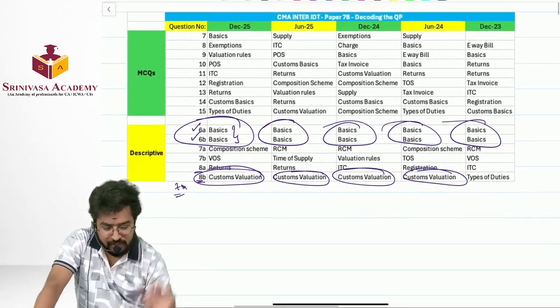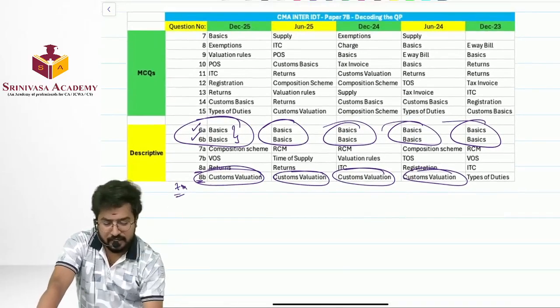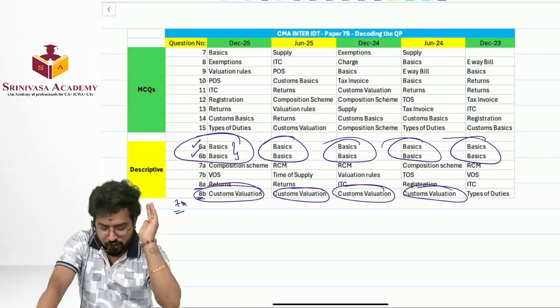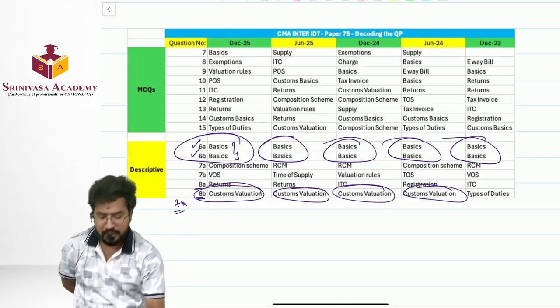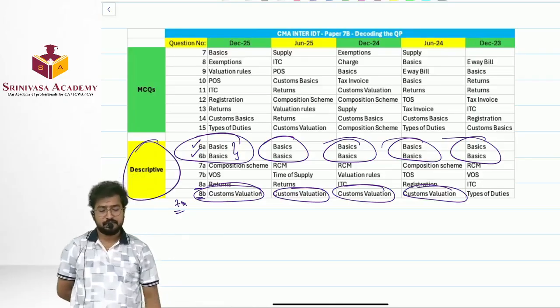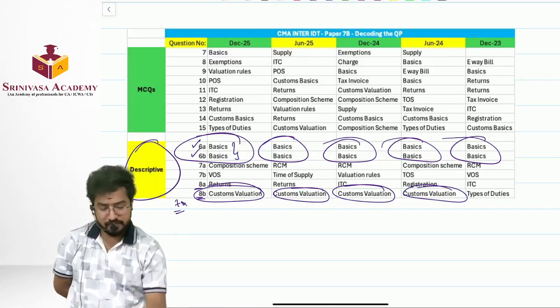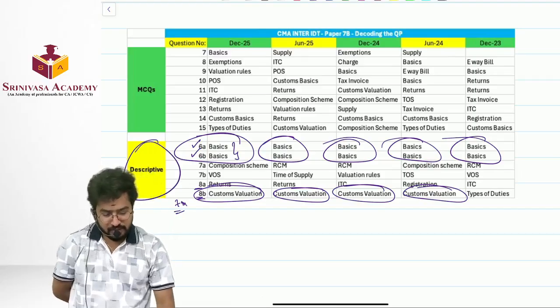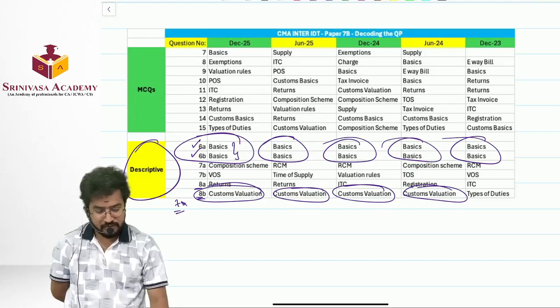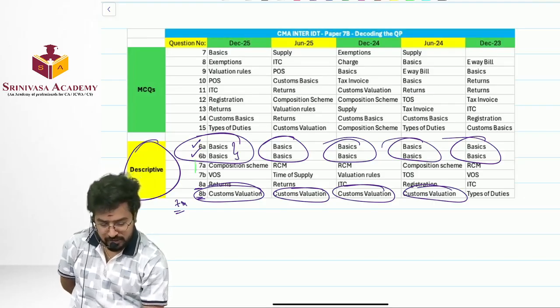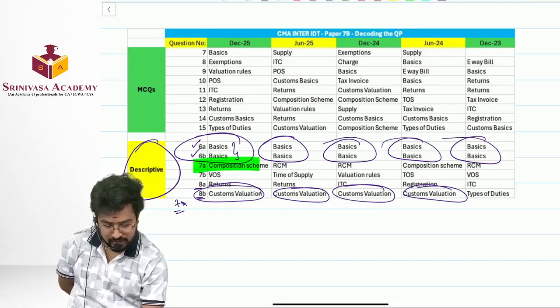If you look at the entire analysis, tell me what is the most commonly seen word in this descriptive portion. RCM, next ITC, next composition scheme, which is the crazy thing.